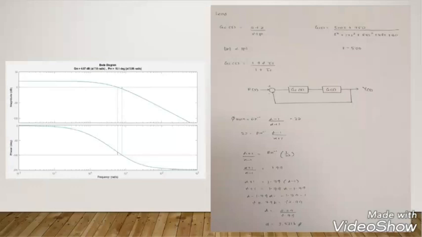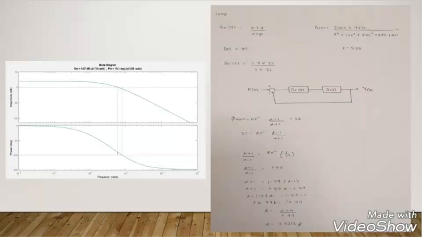So this is the calculation for 7B. You can see this is the general equation for the lead cascade compensator network. We call Gc(s) equal to (s plus z) over (s plus p). z is the zero and p is the pole.